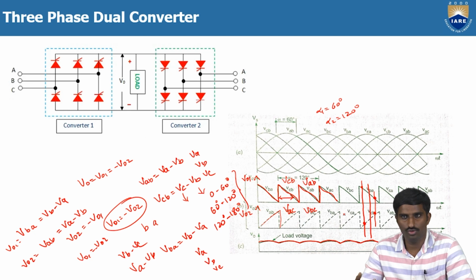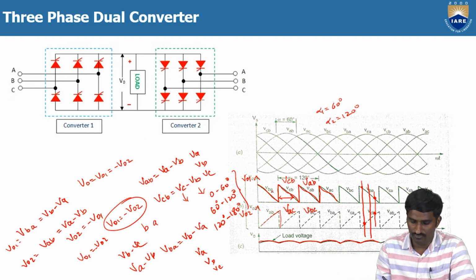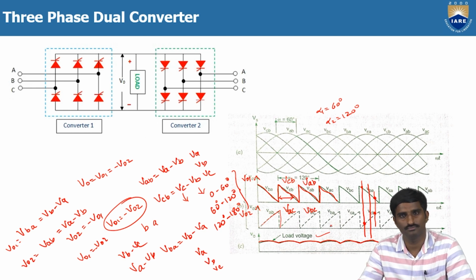If you take a particular interval from 0 to 60 degrees, in this interval V01 is VBA, then V02 should be VAB. Like that you will get. Then finally, if you add these two, V0 is equal to, you will get the load voltage like this. This is all about the three-phase dual converter.